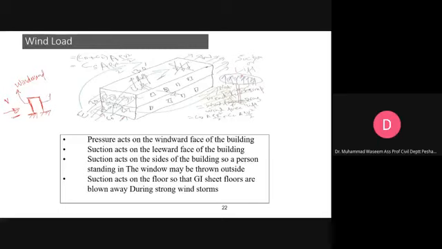This direction we call the leeward side. On the windward side you will have some push due to the wind, so there will be pressure on the building. On this side of the building you will have suction.